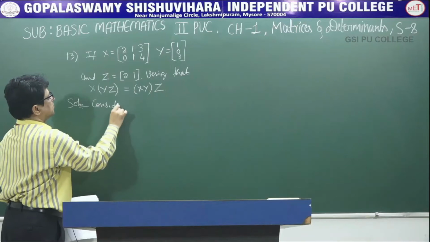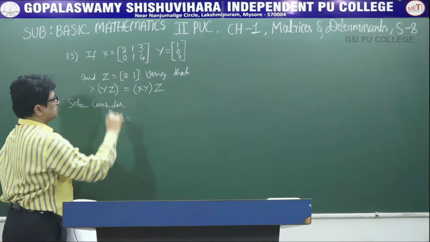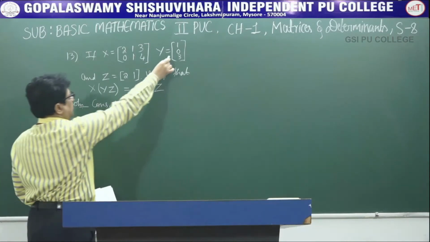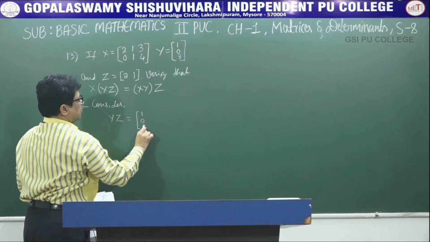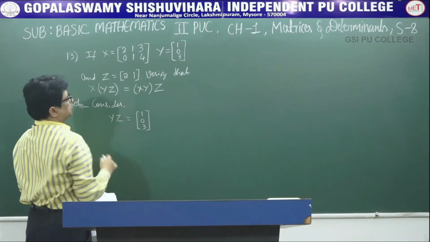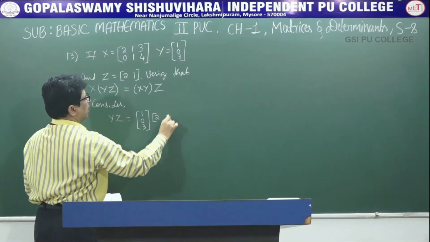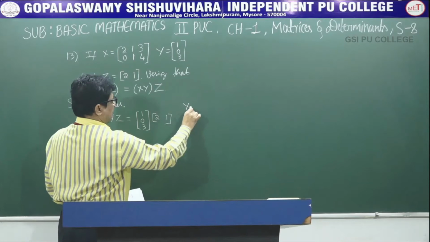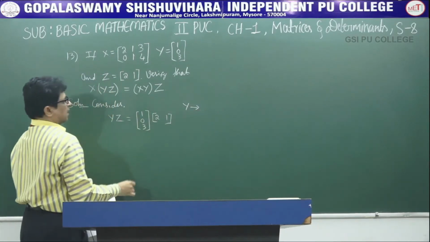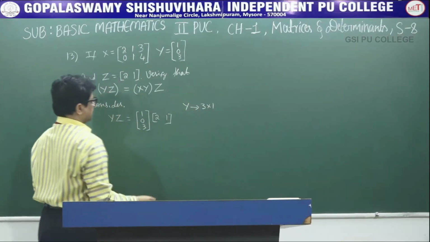Consider Y into Z. Y matrix is [1; 0; 3]. Z matrix is [2, 1]. Here Y matrix is of the order 3 into 1.